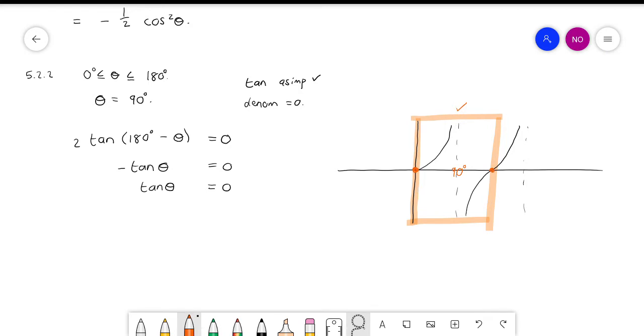Because 0 and 180 is included. Okay. So I'm looking there and I'm looking there at 0 degrees and 180 degrees. En dit gaan jou ander twee antwoorde wees. So between 0 and 180 degrees, we have 3 places where that one will be undefined. Good?